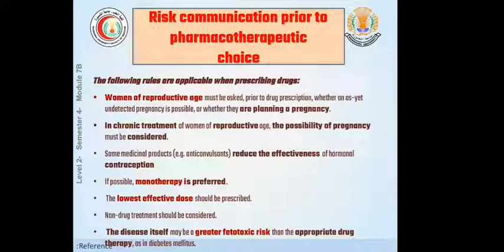So you must treat the disease with the proper choice of the safest drugs according to the category of FDA classification, with the least effective dose, and try to use one drug better than polytherapy.